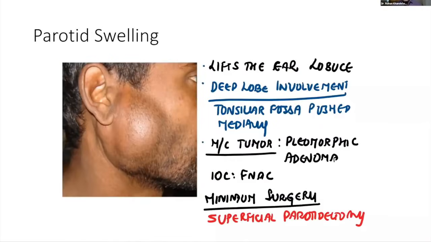A parotid swelling typically will lift the ear lobule. And a beautiful question asked in the FMGE exam was how do we clinically know that there is deep lobe involvement? You just need to ask the patient to open his or her mouth, and you will see that the tonsillar fossa is pushed medially.